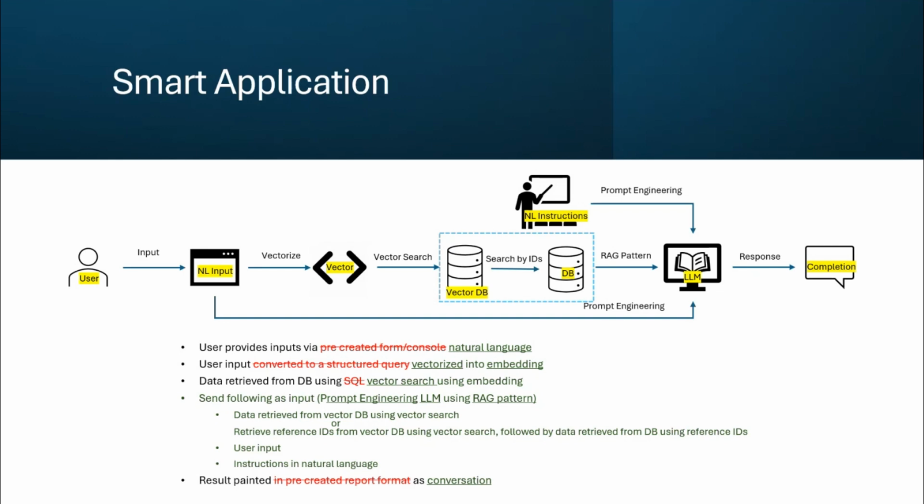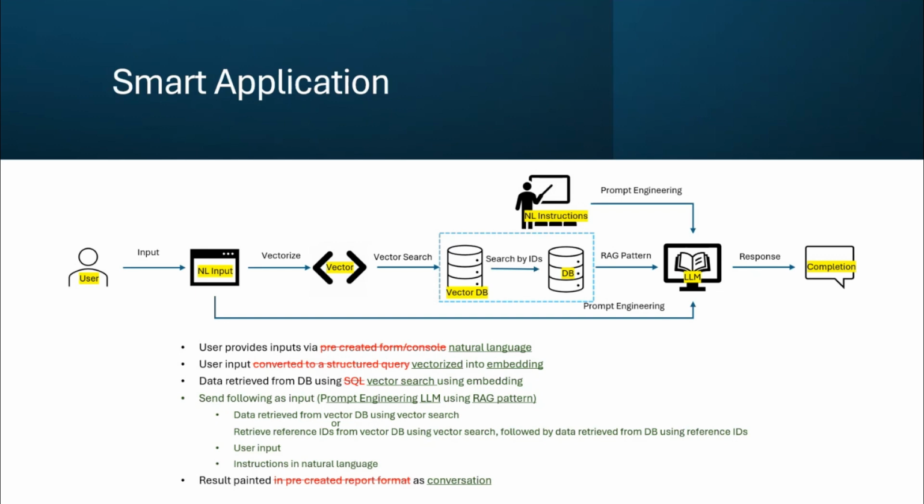And third, I am giving the LLM the input that the user made in native language as is. So remember, the user input, which was in native language, is coming to the LLM in two forms. Form number one, it is converted to a vector, and the vector is used to do a vector search in the database, and the search results reach the LLM.